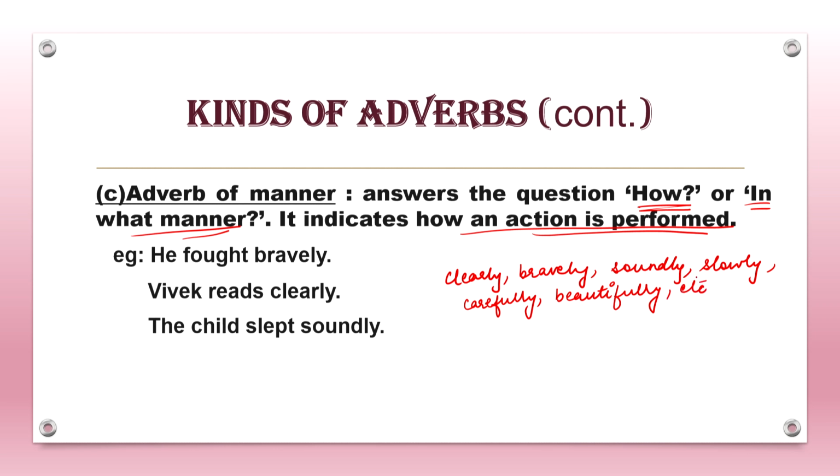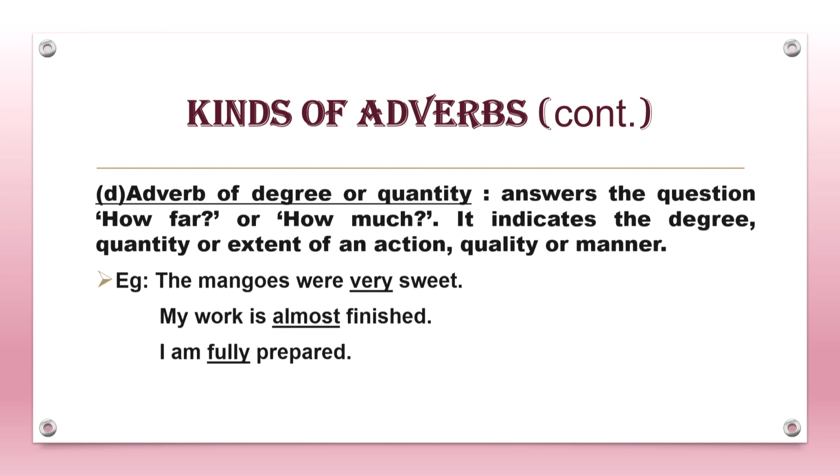These are all your adverbs of manner. Let us take an example. He fought bravely. So, bravely is your adverb of manner. Next, Vivek reads clearly. The child slept soundly. So, bravely, clearly, soundly, these are all your adverbs of manner.